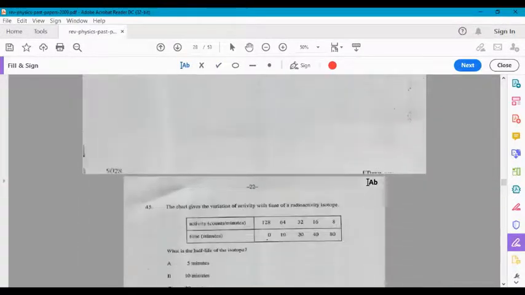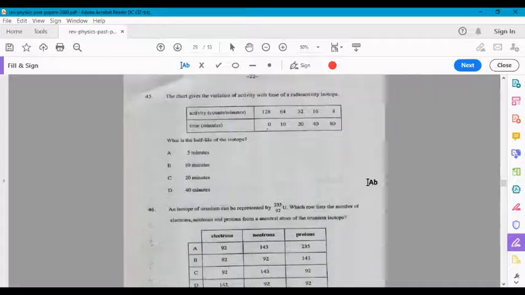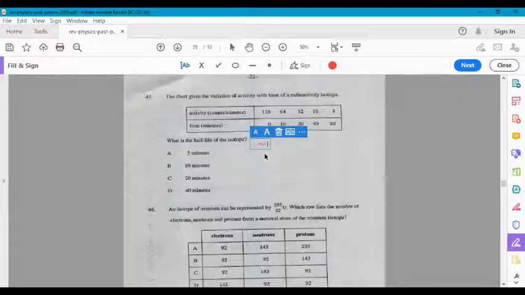Number 45. The chart gives the variation of activity with time of a radioactive isotope. What is the half-life of the isotope? Remember, half-life is the time taken to decrease activity by exactly half. Okay. Now there's a little disparity in this question.